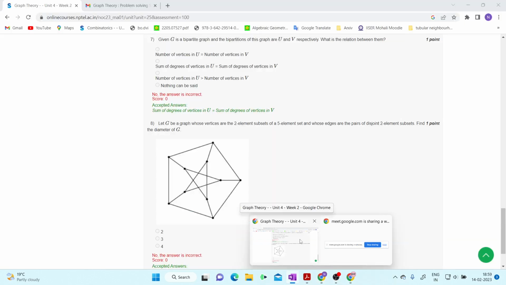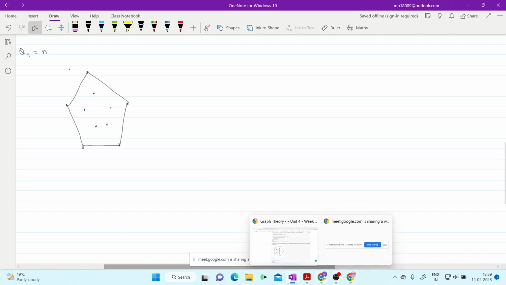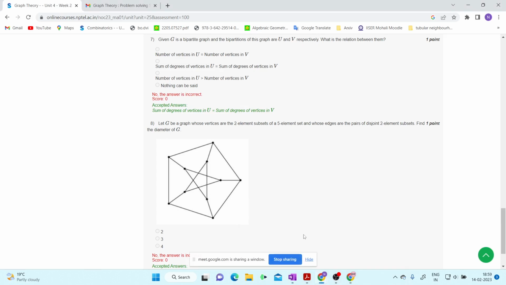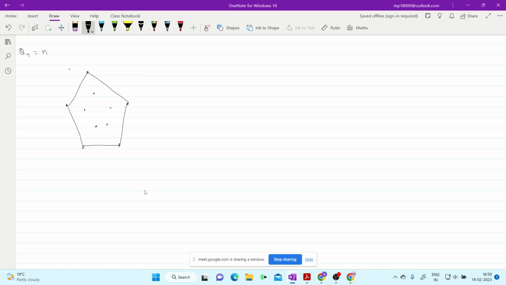It was a pentagon, and inside there is also a pentagon. This is a bit similar to the Petersen graph. So this was the graph.